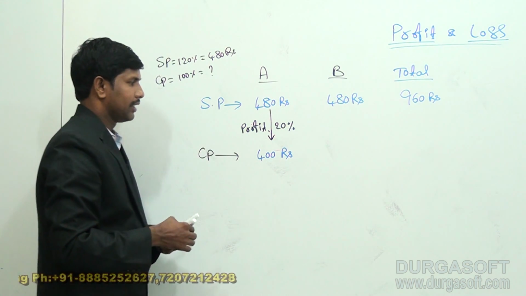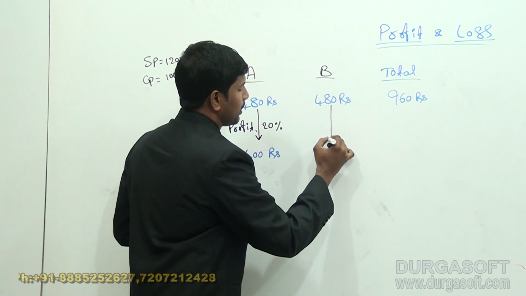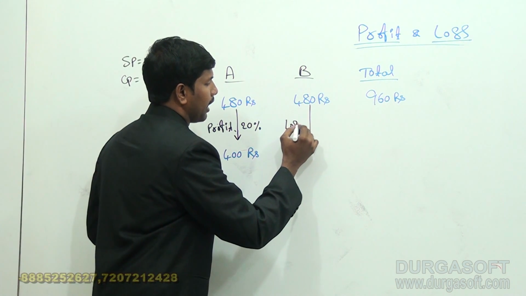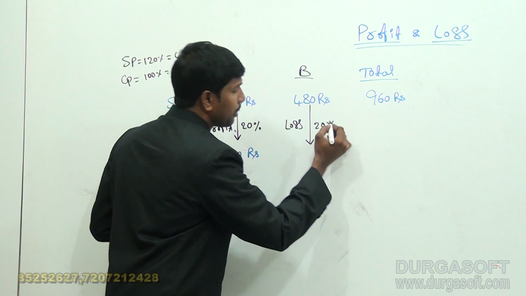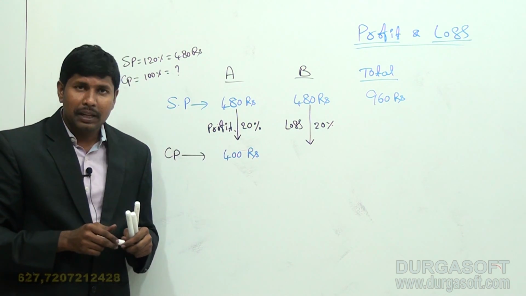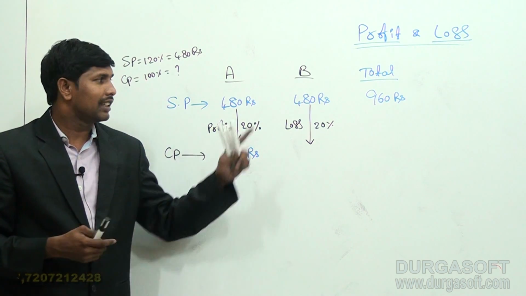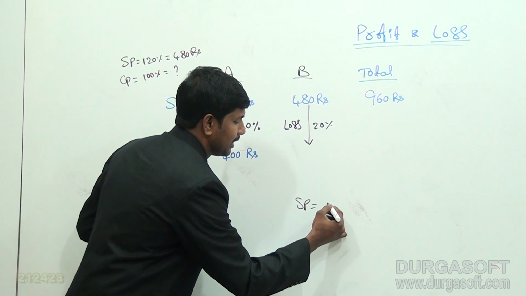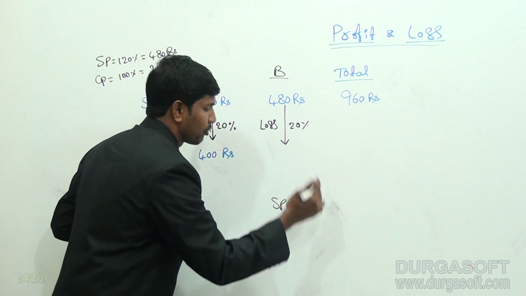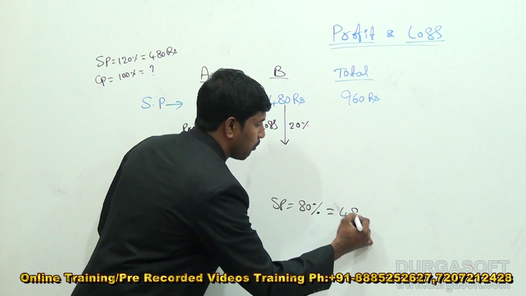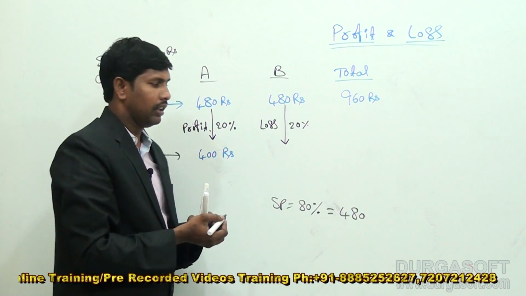And let's take the second case. When I am selling the second article at 480 rupees, I got a loss of 20%. When I am getting a loss of 20%, we know that the selling price in this case is 100 minus 20, 80%, which is given as 480 rupees.